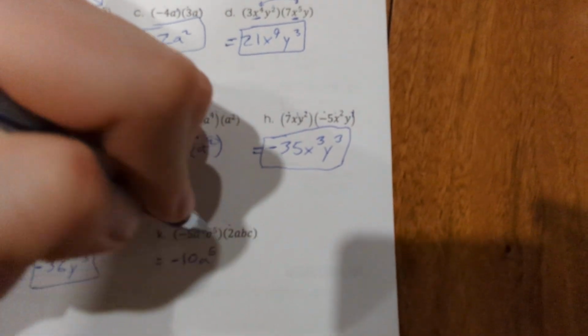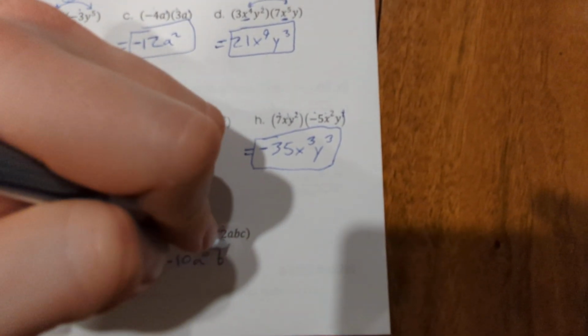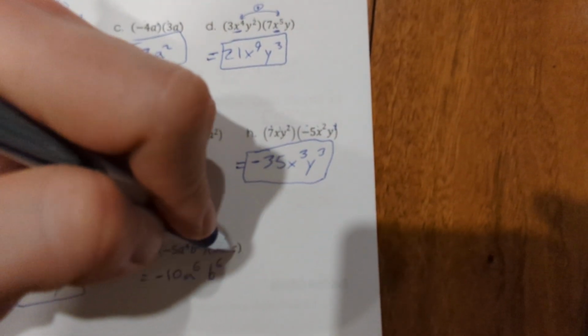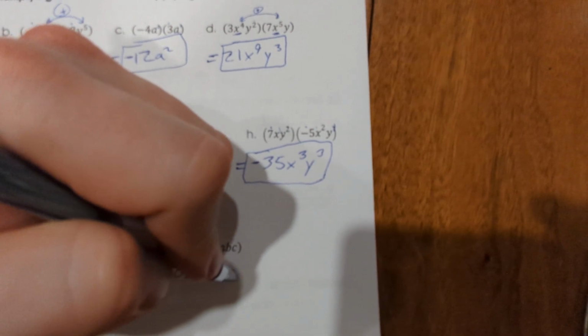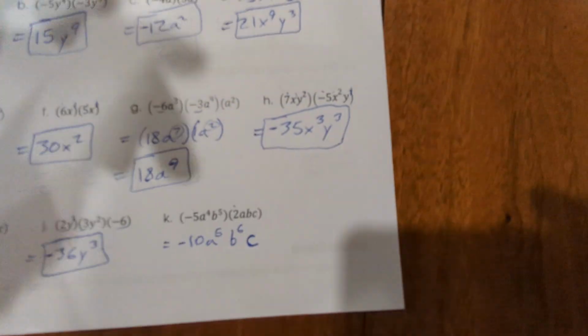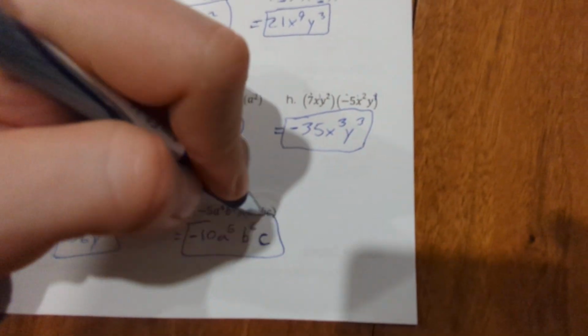And then we have b to the 5 times b. So again, that just adds 1 on, so now we have b to the 6. This term doesn't have a c, but this one does. So we're just going to leave a c there. There's still no exponent on the c because it's not being multiplied by anything. But the c is still there. And that is our final answer.